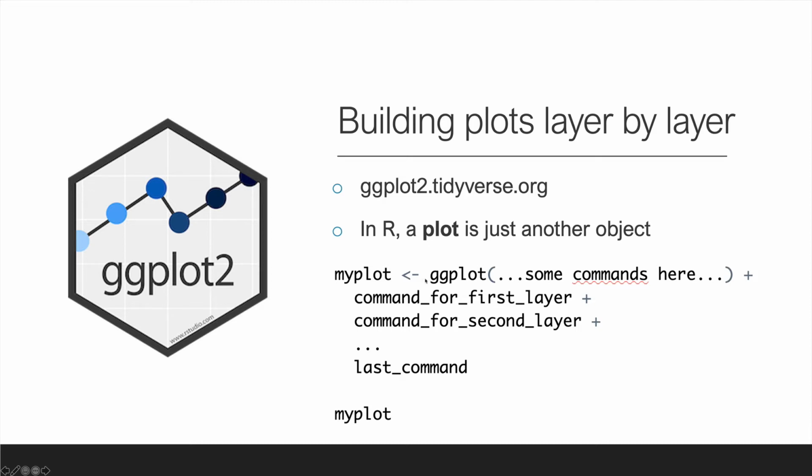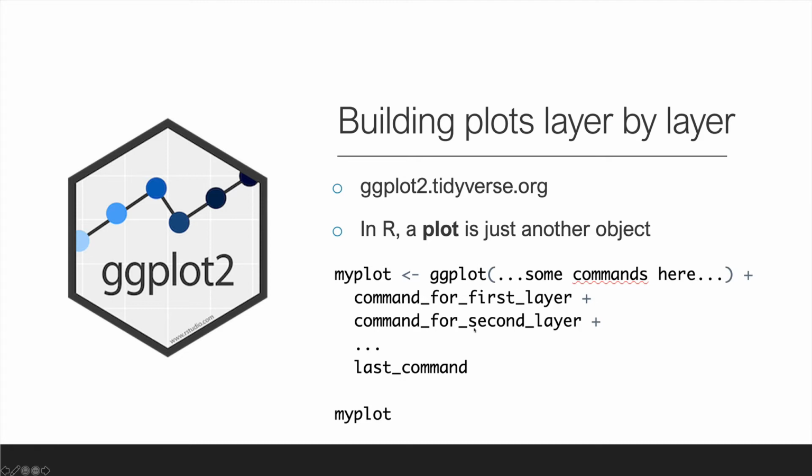But we have to invoke the ggplot function and then tell it a few orienting facts about your data. And there's going to be a plus sign at the end and a new line followed by a plus sign for every additional layer of content that you want on your plot.